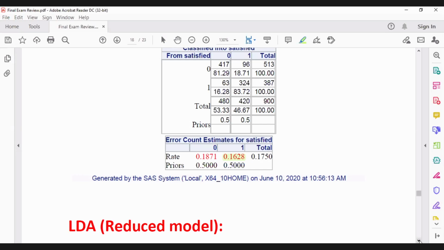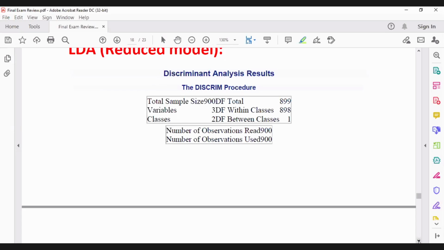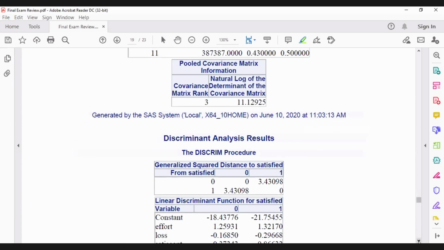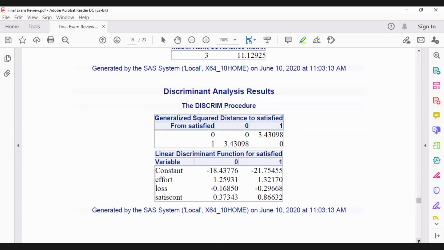Let's look at the results from the reduced model. For this model, we got an equation for y equal to 0 and an equation for y equal to 1.